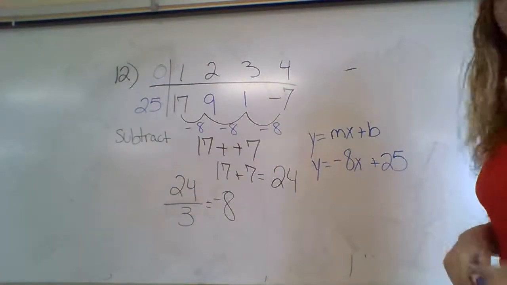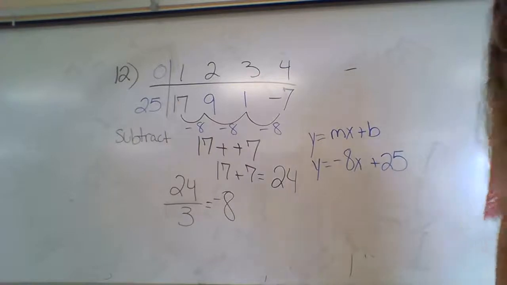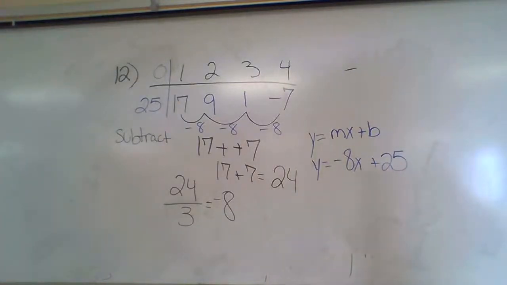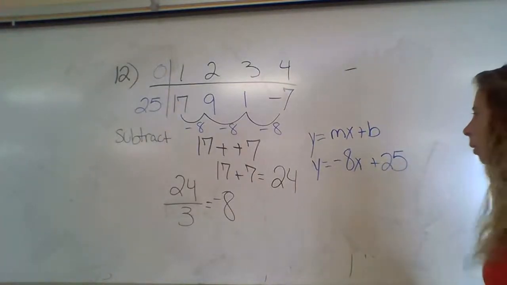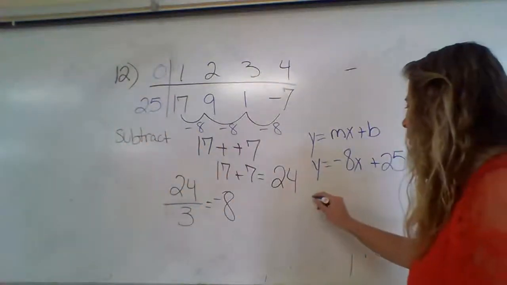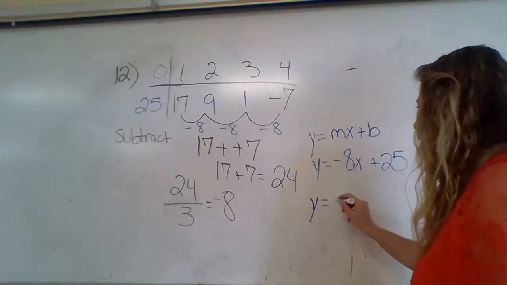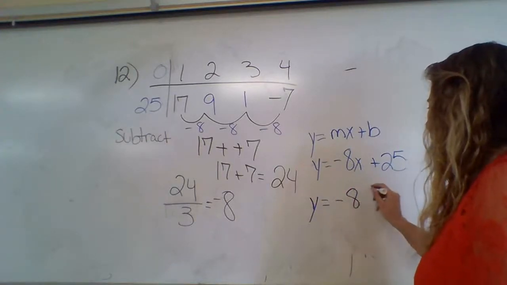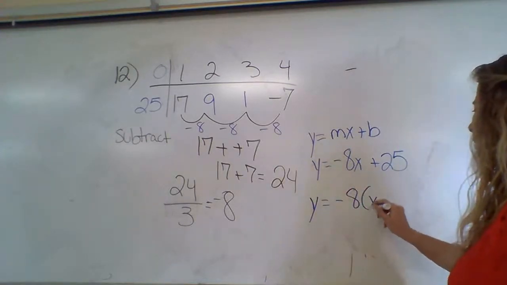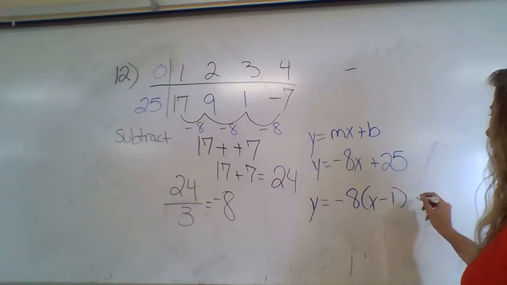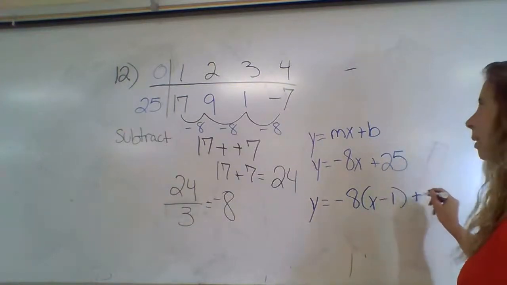Okay, you could also write it in point slope form. Some of you are probably going to want to write it like this. So your slope is negative 8, and then you do x minus 1 plus 17.